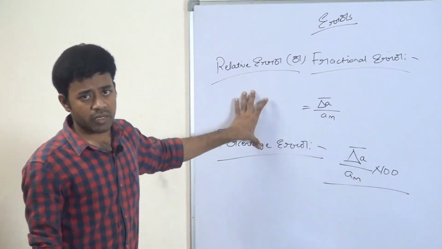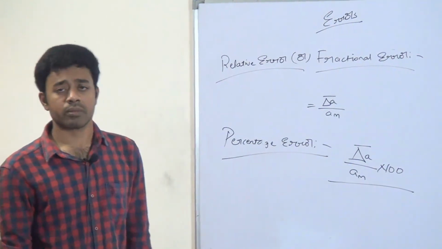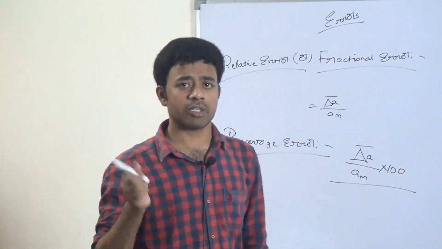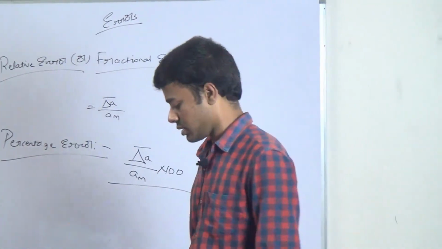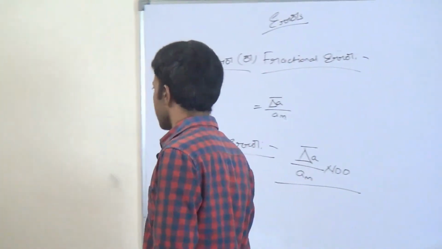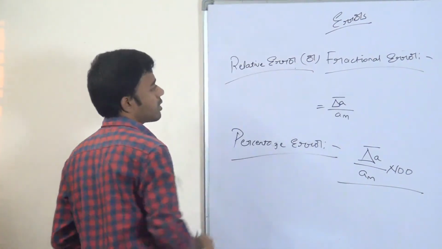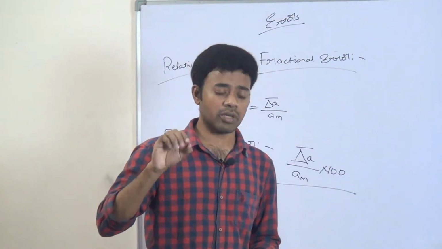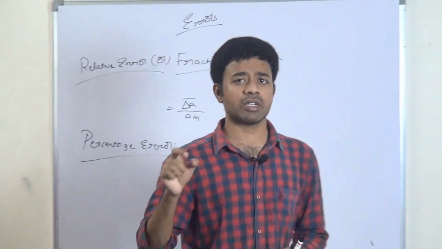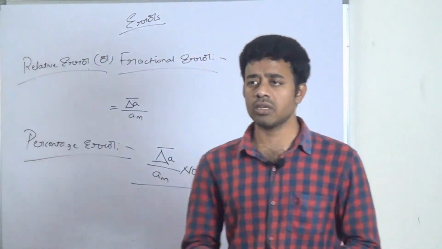Next, we found the mean absolute error, which is the average of the absolute errors we found in the first case. Next we have the relative or fractional error, which is the ratio of the mean absolute error to the mean value.